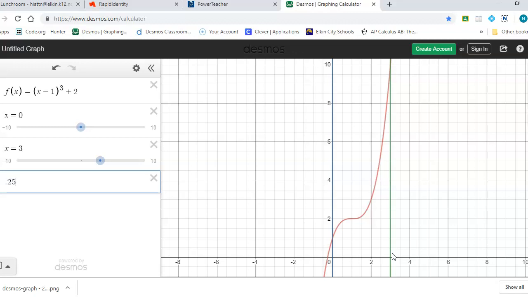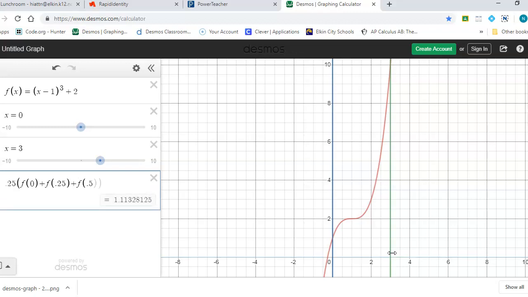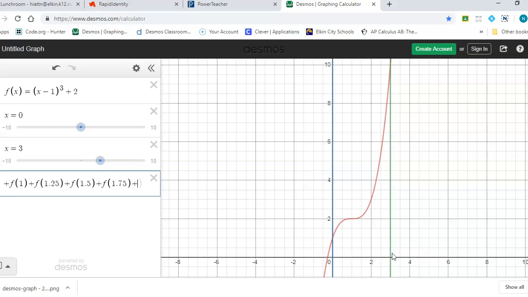So I would have 0.25 times, and then if I'm going to do a left endpoint, I would have f of 0 plus f of 0.25 plus f of 0.5 plus f of 0.75 plus f of 1 plus f of 1.25 plus f of 1.5 plus f of 1.75 plus f of 2 plus f of 2.25 plus f of 2.5 plus f of 2.75, and now it would stop, right?